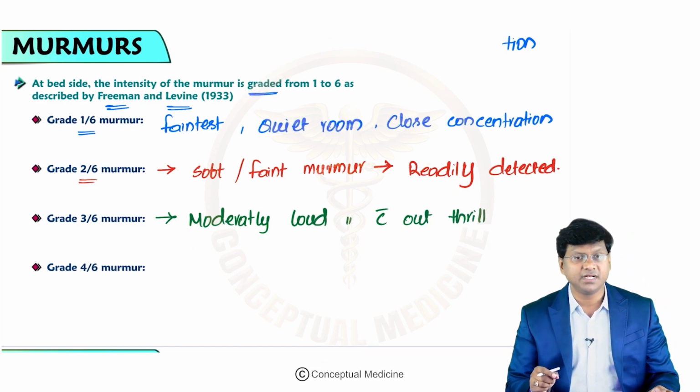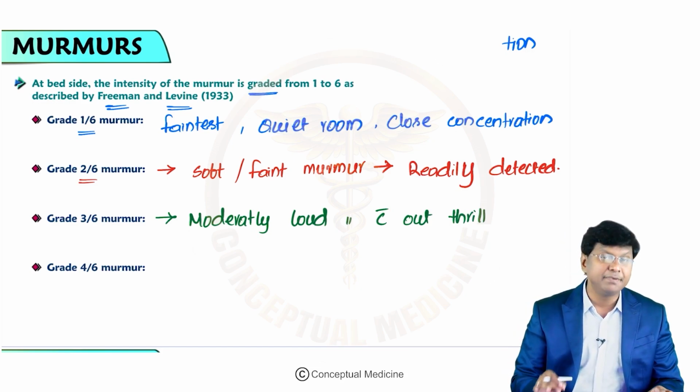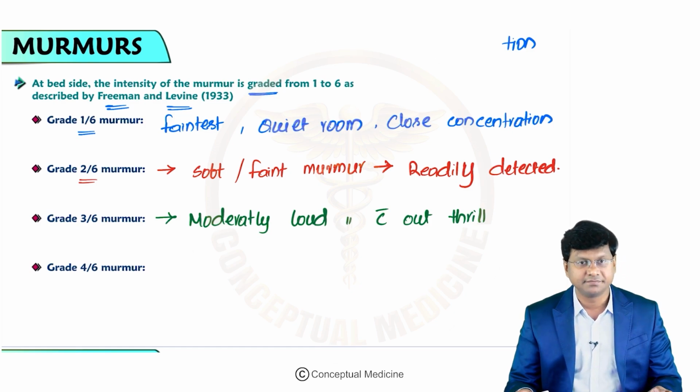So what do you mean by a thrill? Thrill is a palpable murmur, right? A palpable murmur, we call it a thrill.